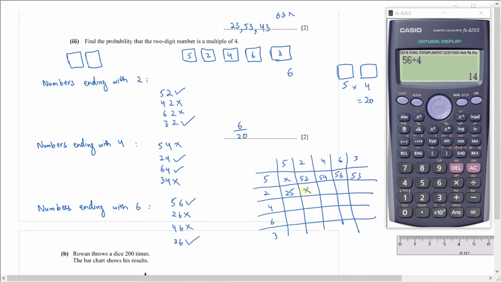You cannot have two of the same numbers. So 24 and so on. So these outcomes are not possible. So there are total 1, 2, 3, 4, 5, 25 boxes. Out of those 25, 5 are not possible because they are same numbers on both sides. So 25 minus 5 will again give you 20 possible combinations of two-digit numbers that you can form using these cards. So out of those 20, 6 of these are multiples of 4. So the probability that the two-digit number that you form is a multiple of 4 is 6 over 20.